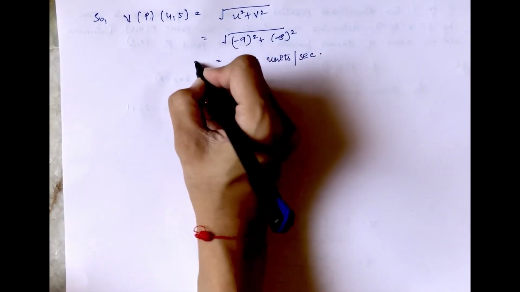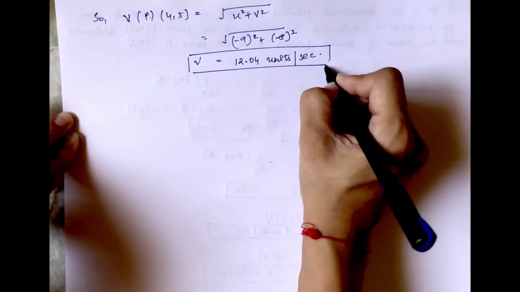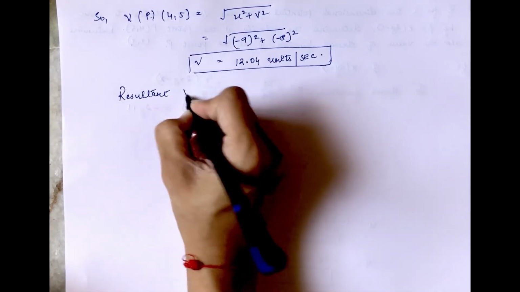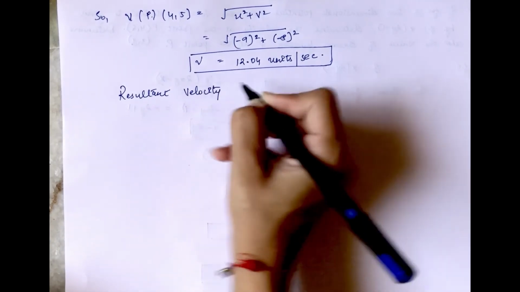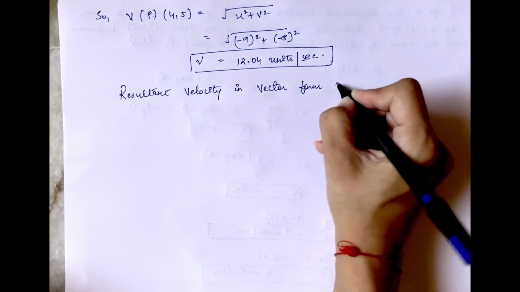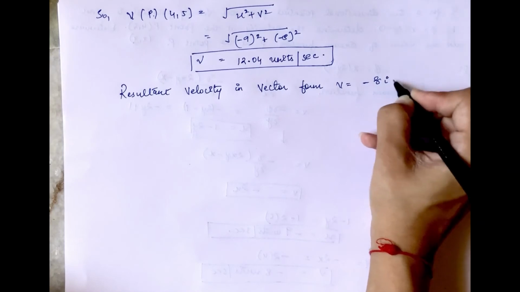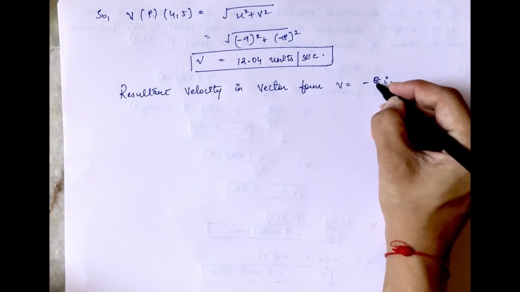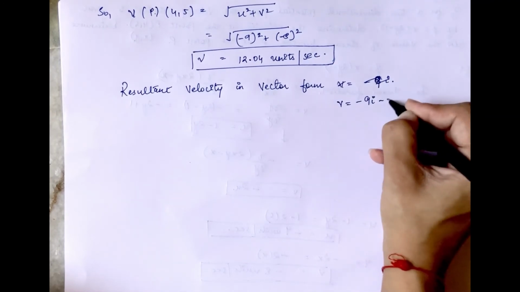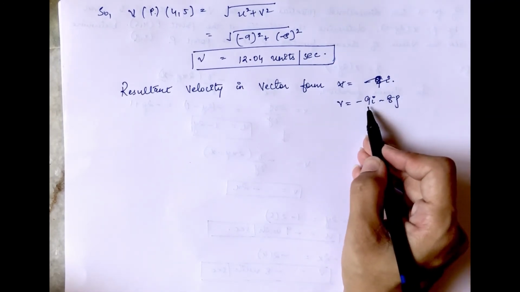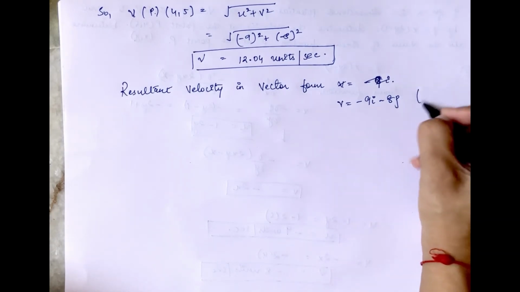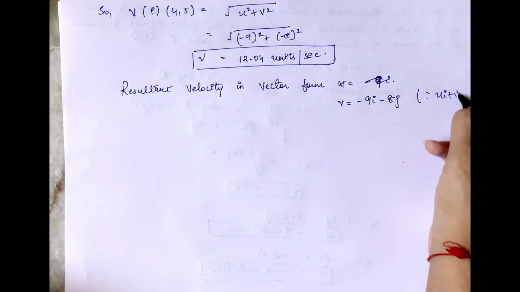This is the resultant velocity, and if we want to describe it in vector form, it will be minus 9i minus 8j, as minus 9 is the value of u and minus 8 is the value of v, that is ui plus vj.